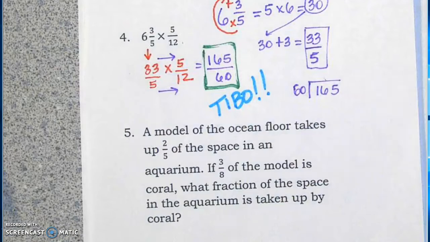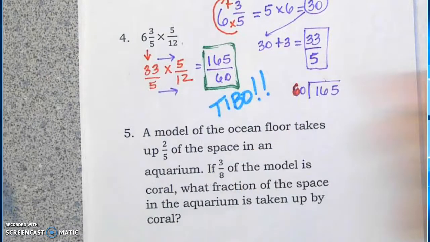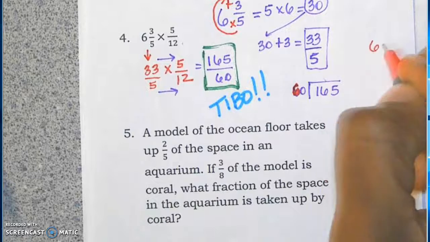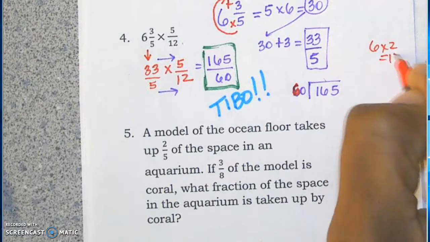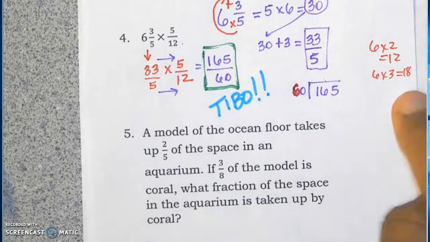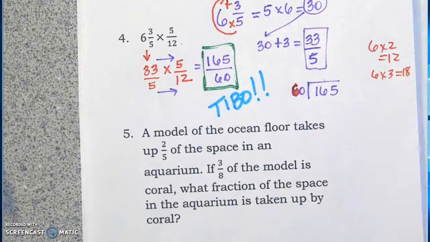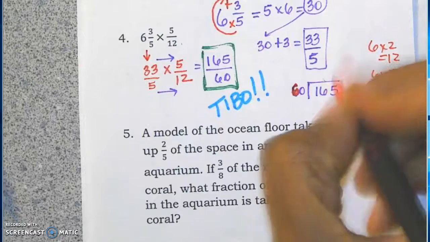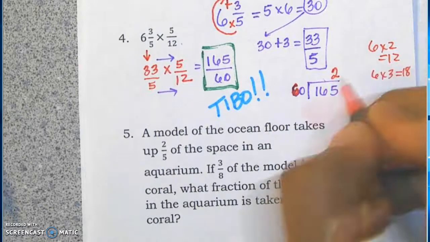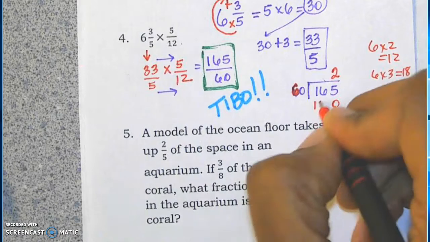So just thinking about what I know about 60, I know that 6 times 2 is 12, and 6 times 3 is 18. So that is probably going to be too big. So I'm going to try 60 times 2. 2 times 0 is 0. 2 times 6 is 12.